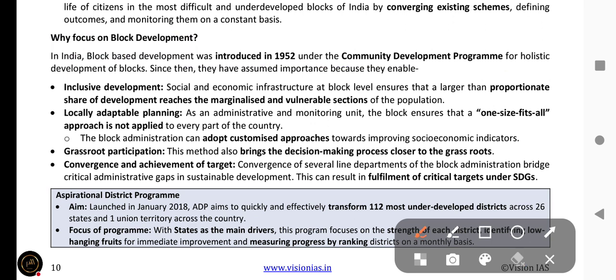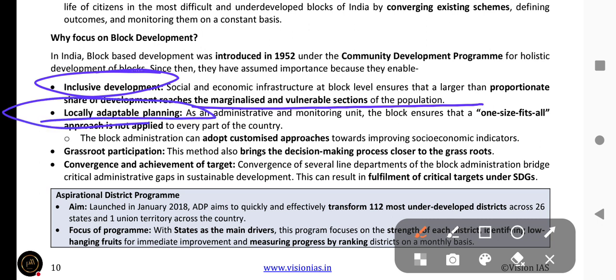Okay, so the development of blocks, since then they have assumed importance because they enable inclusive development. Social and economic infrastructure at block level ensures that a larger than proportionate share of development reaches the marginalized and vulnerable sections of the population. Locally adaptable planning. As an administrative and monitoring unit, the block ensures that a one size fits all approach is not applied.